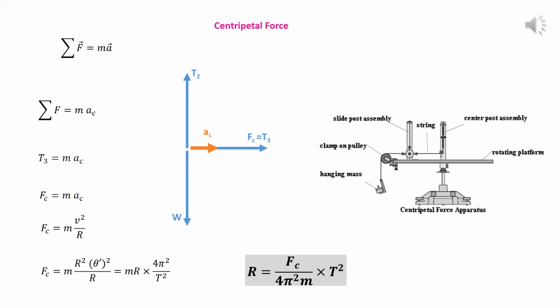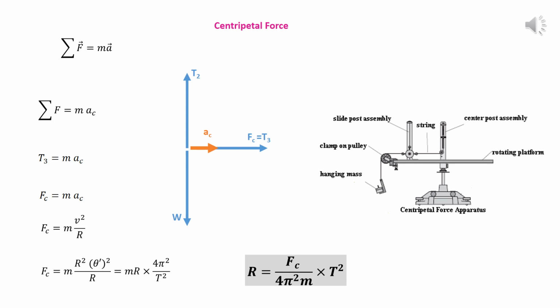Now, if you replace A centripetal by V squared over R, you can also replace V by R theta prime from the pizza formula. And theta prime is the angular frequency also, so it equals 2 pi over big T. T is the period. And thus you can represent R as a variable with respect to the period as a variable.